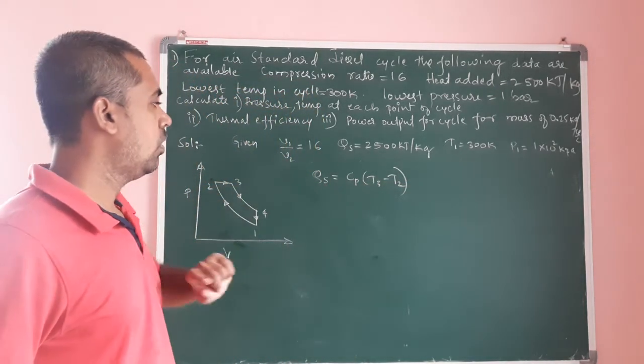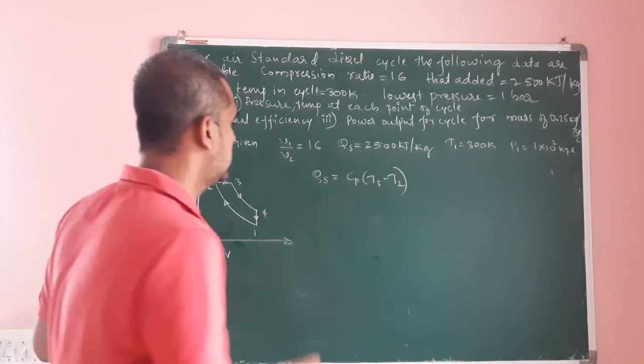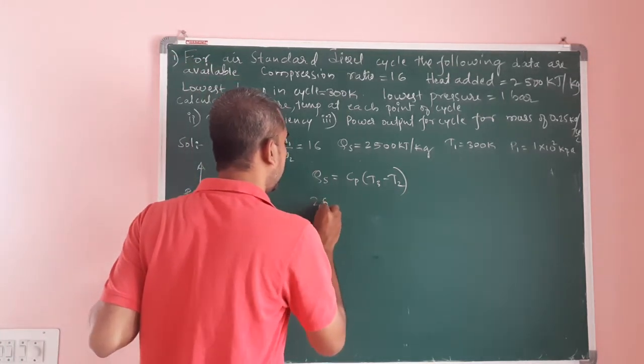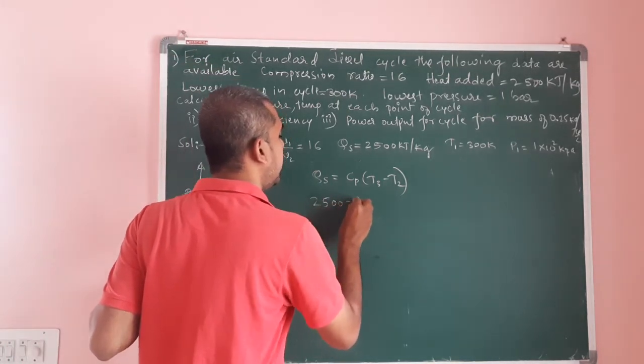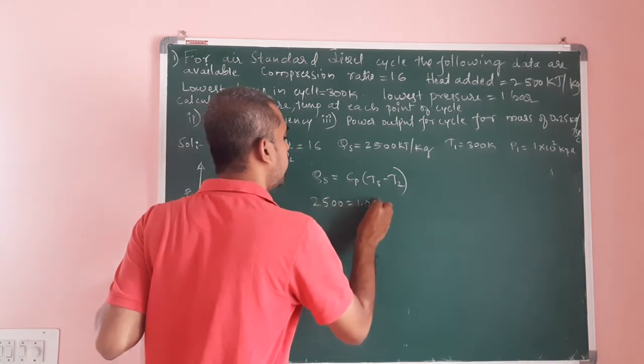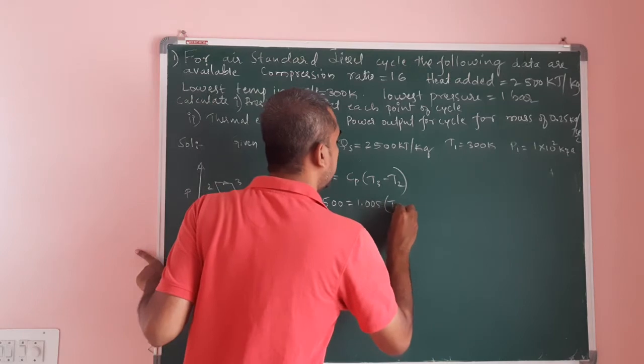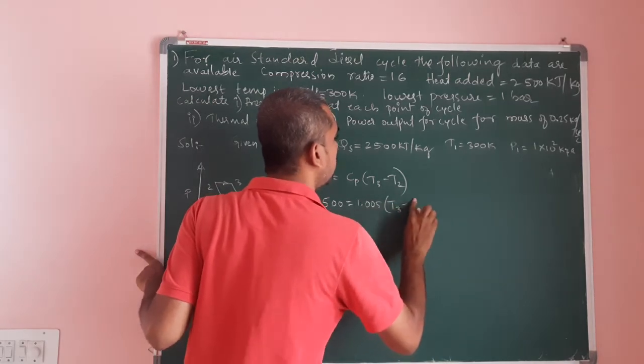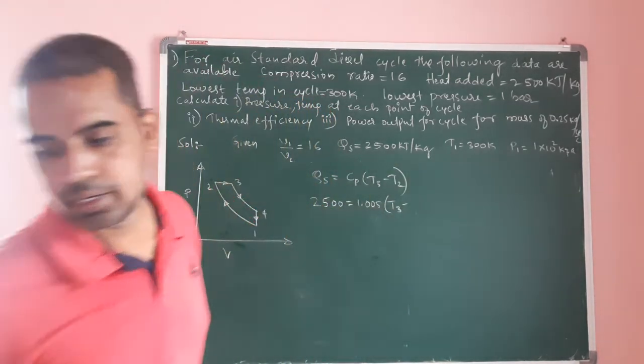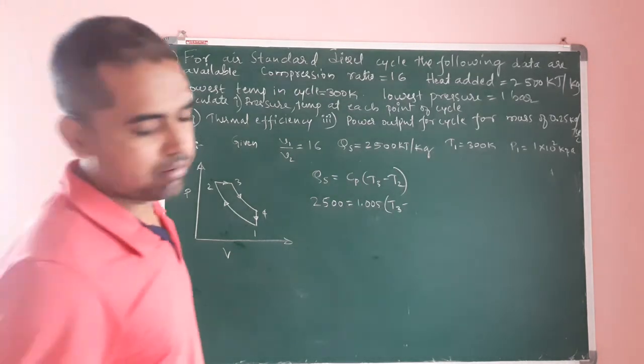You know the value of QS, that is 2500. Cp is 1.005; if nothing is given, you can take 1.005, into (T3 minus T2). T2 we have just calculated as 909 Kelvin.